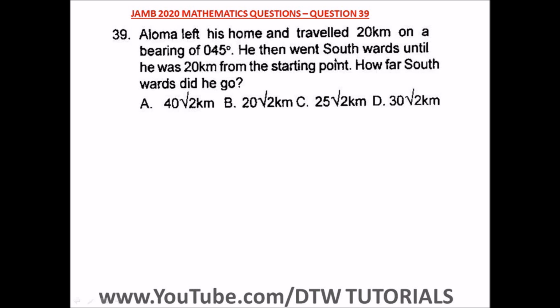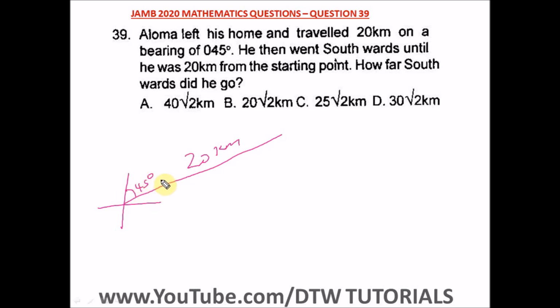So allow me to work this out for you. So say Aloma left his home and traveled 20 kilometers on a bearing of 45 degrees. So let's get our bearing. So this is a bearing. At 45 degrees he travels 20 kilometers.